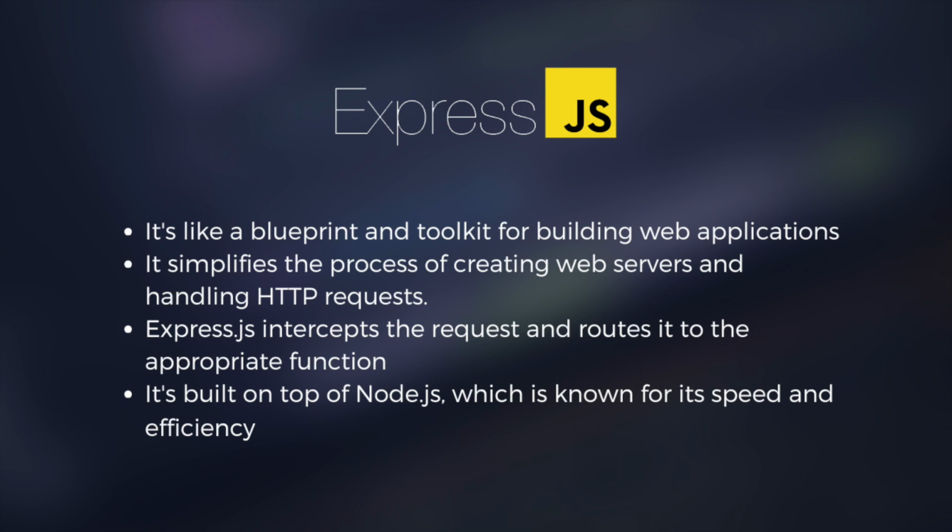So Express.js intercepts the request and routes it to the appropriate function. This function can process the request, fetch data from a database, or render a web page. Once the request is processed, Express.js sends an appropriate response back to the user's browser. This response can be a simple text message, an HTML page, or a JSON object.